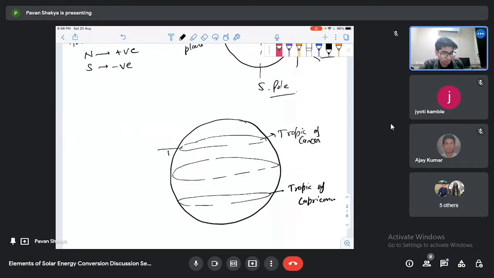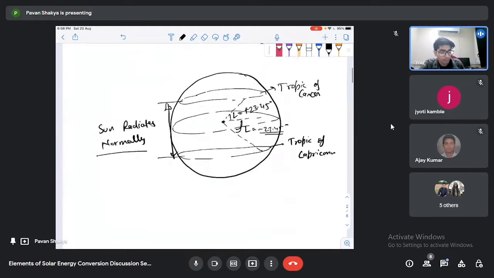This is the region where sun radiates normally. And if we try to find the latitude for these tropics, then for Tropic of Cancer, the latitude angle will be plus 23.45 degree. Similarly for the Tropic of Capricorn, any point on this tropic, the latitude angle will be minus 23.45 degree.